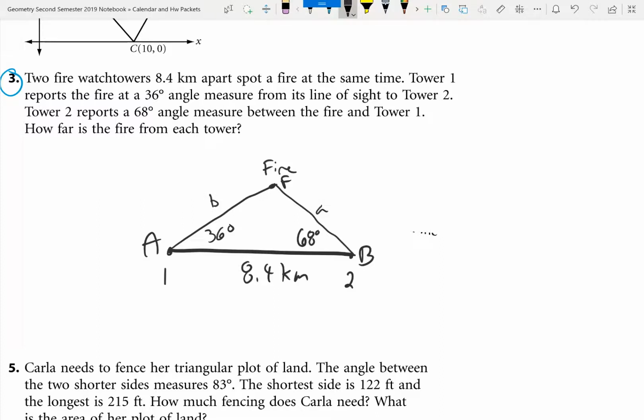Now, do we have an angle-side pair? It doesn't look like we do, but we can figure out what F is by just going 180 minus 36 minus 68. And that's going to be 76 degrees. Okay, so now we have an angle-side pair.